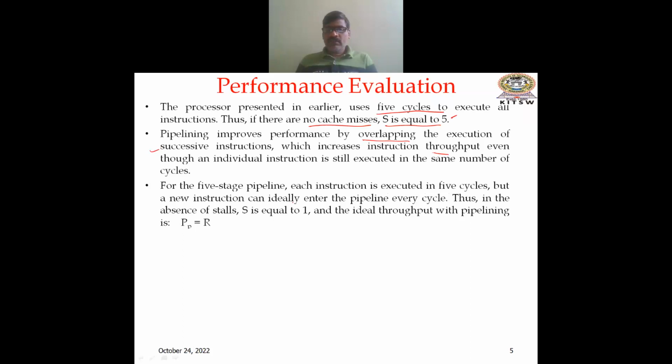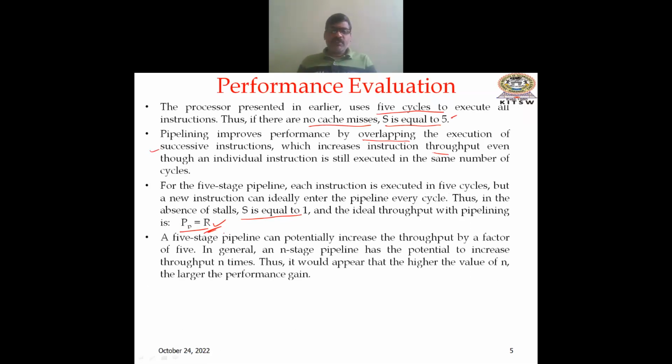Thus, in the absence of stalls, S is equal to 1, and the ideal throughput with pipelining, Tp, is equal to R, because the S value is equal to 1. A 5-stage pipeline can potentially increase the throughput by a factor of 5.